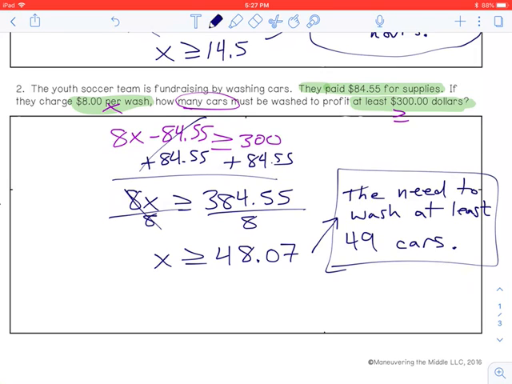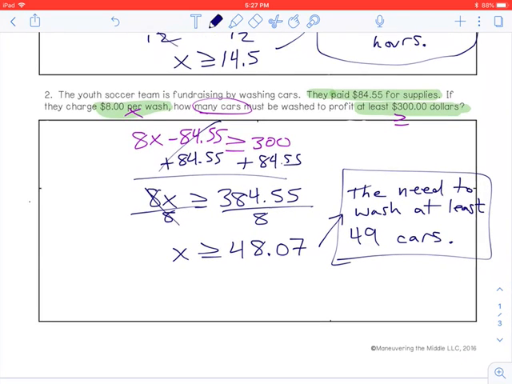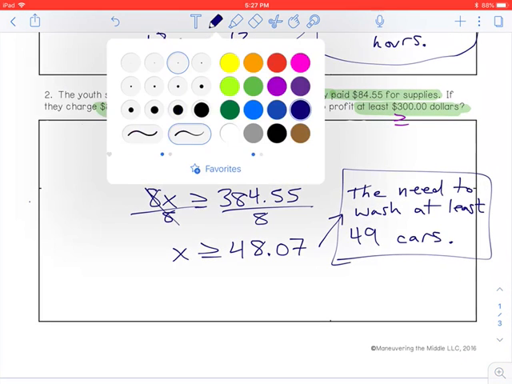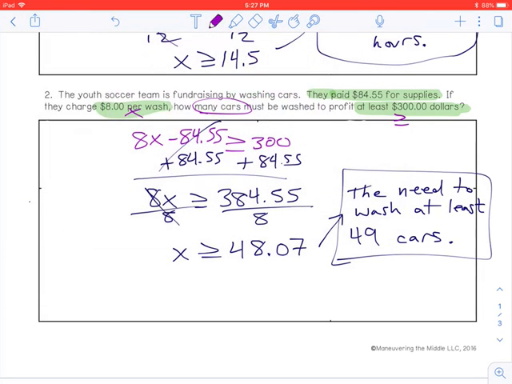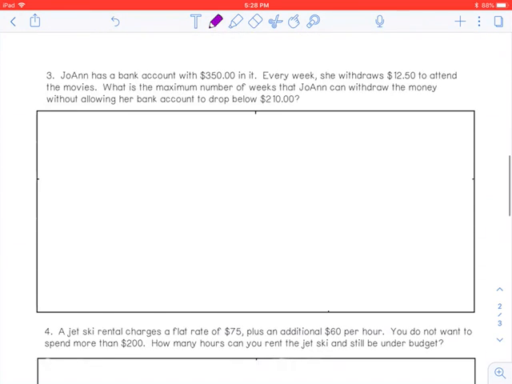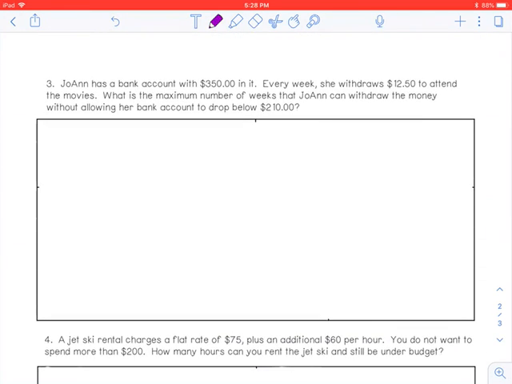Because if they just do 48, they're going to be a tiny bit short of $300. Okay? So, in that case, we need to do one more. All right? So, hopefully that makes sense. And if not, we can talk about it on our Zoom today or tomorrow. So, last one, and then I'll leave the last one to you to try.